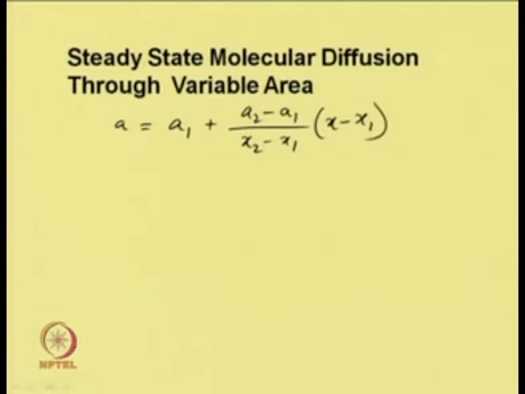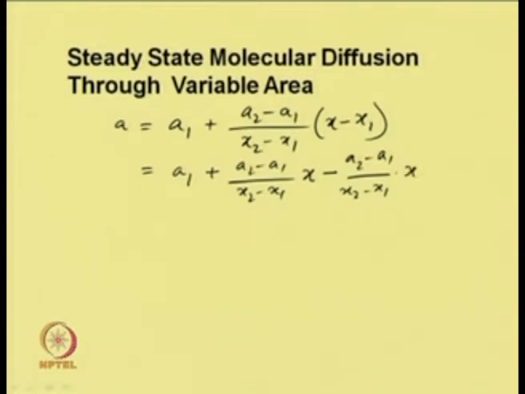So, this is the relation of how A is changing with x for the equilateral triangular shape. In this case, we can write this as A1 plus (A2 minus A1) by (x2 minus x1) into x minus (A2 minus A1) by (x2 minus x1) into x1.